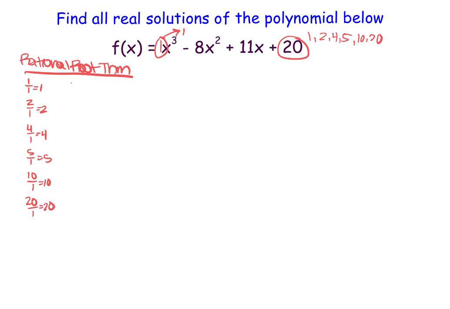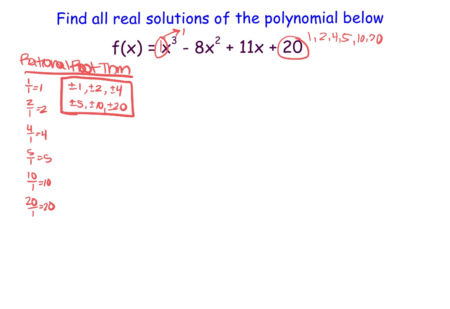So our possible roots are plus or minus 1, plus or minus 2, plus or minus 4, plus or minus 5, plus or minus 10, and finally plus or minus 20. So these are all of our possible rational roots that we need to test in order to find all of the real solutions of this particular polynomial.